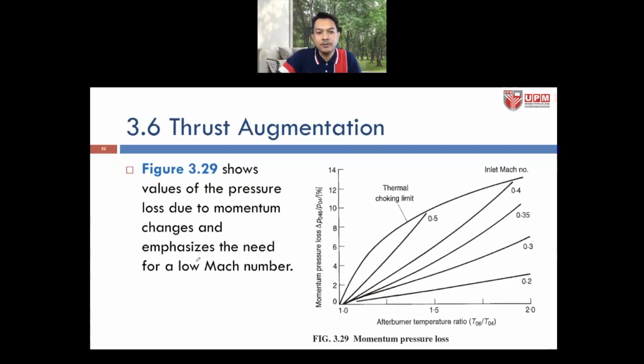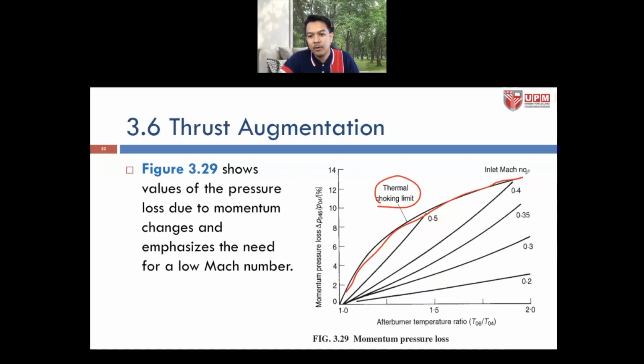Figure 3.9 shows values of the pressure loss due to momentum changes and emphasizes the need for a low Mach number. Right, so this is a plot of momentum pressure loss against the afterburner temperature ratio between T06 to T04. Then this particular line is the thermal choking limit, and the inlet Mach numbers are given here.